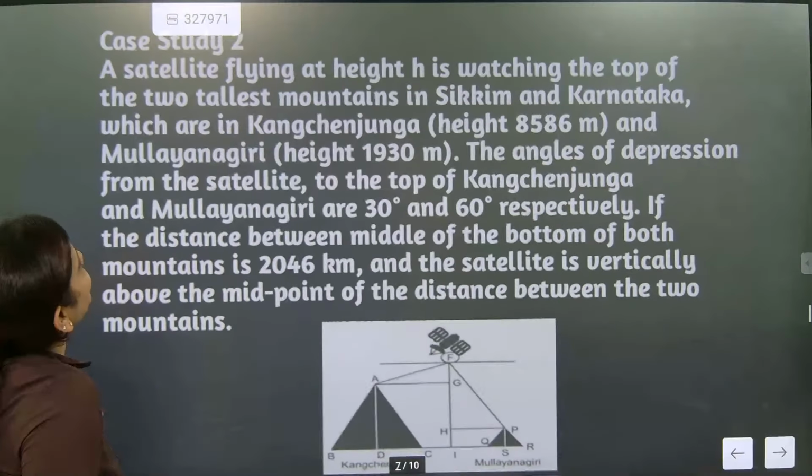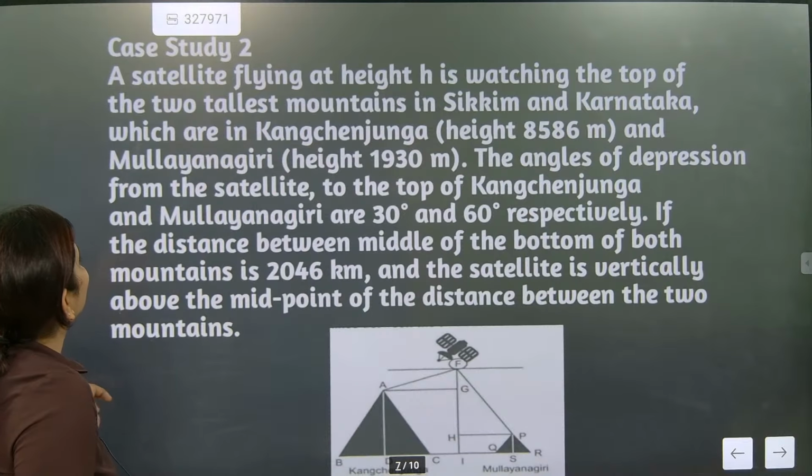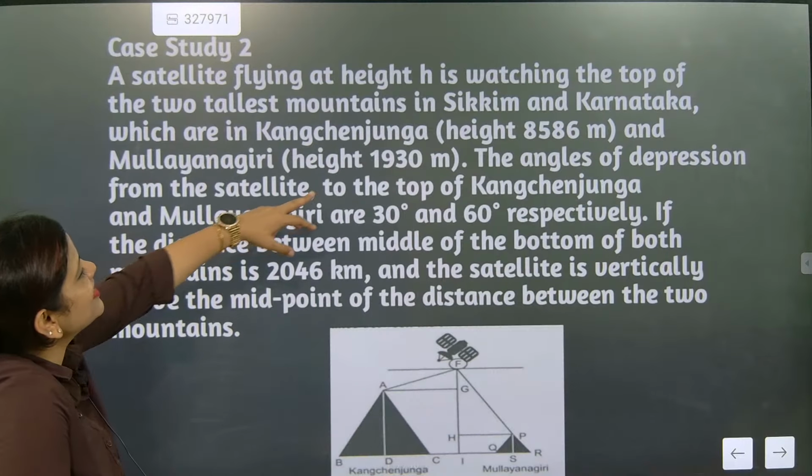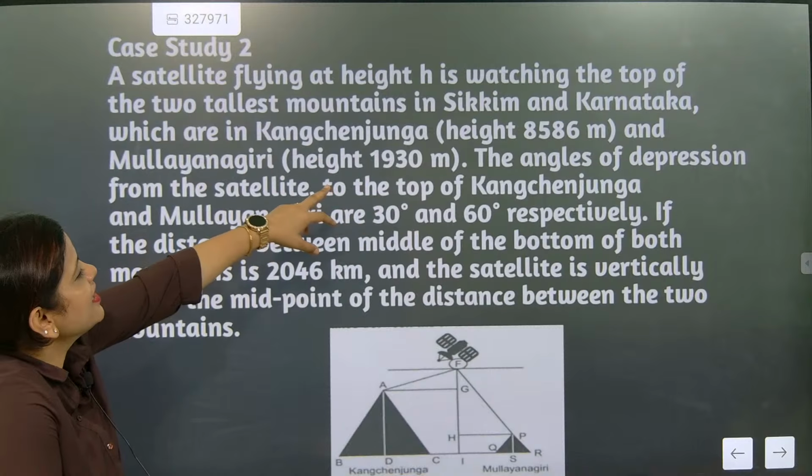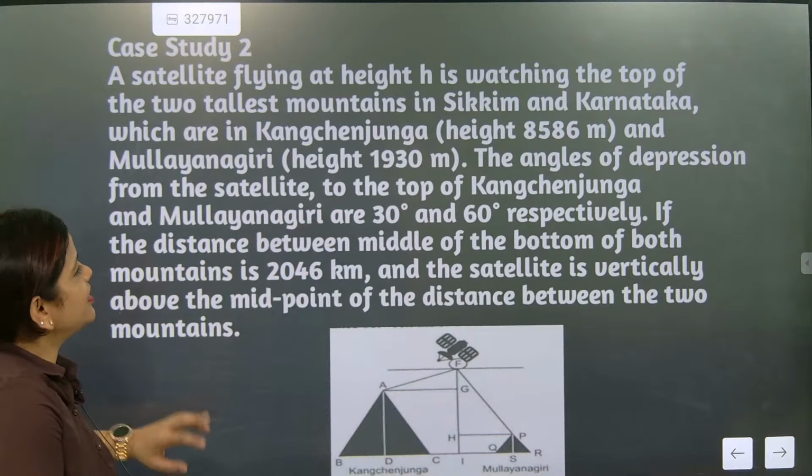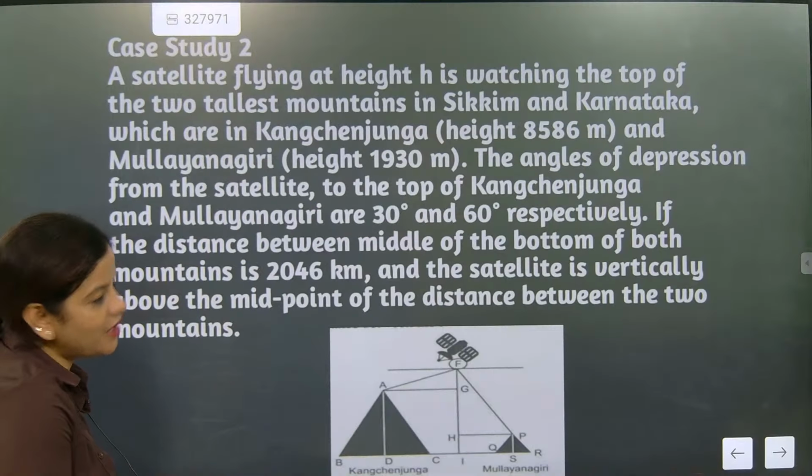After that what they are telling, this height is 8586, this height is 1930. So this is the diagram, rough diagram is given.